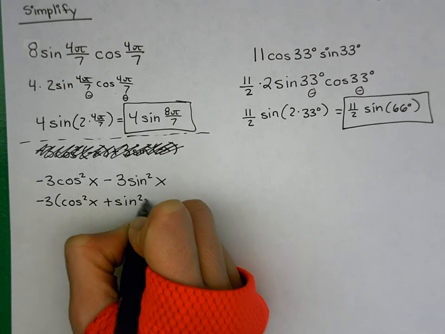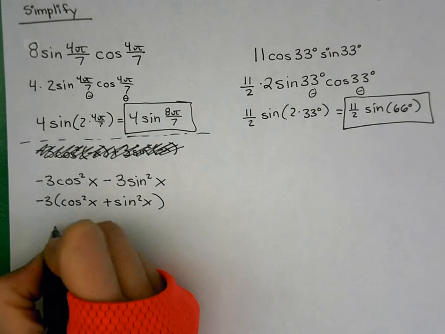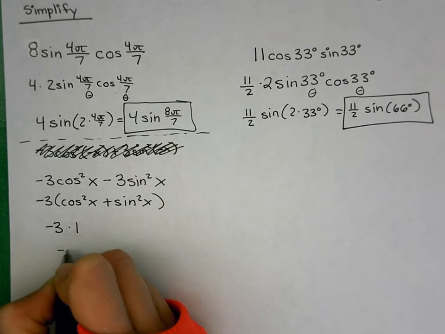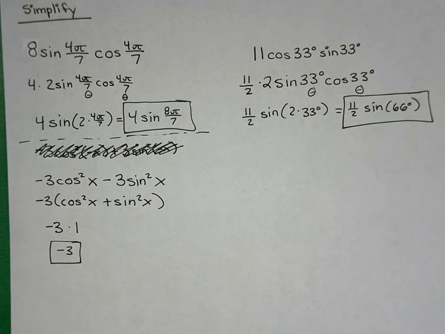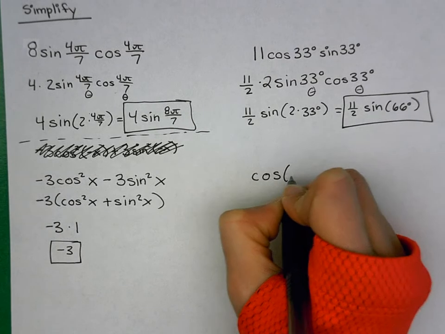The nice thing about cosine squared plus sine squared is that is 1, and -3 times 1 is -3. Okay? Okay, last one. Let's go ahead and do this guy.